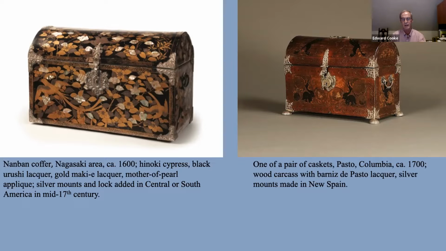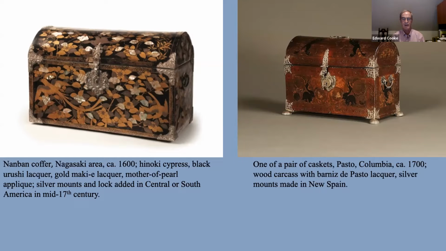So this is an object that is incredibly complex in terms of a Japanese material and technology done consciously with agency for a European market, but then shipped and added on to while it's in transit back to Europe.